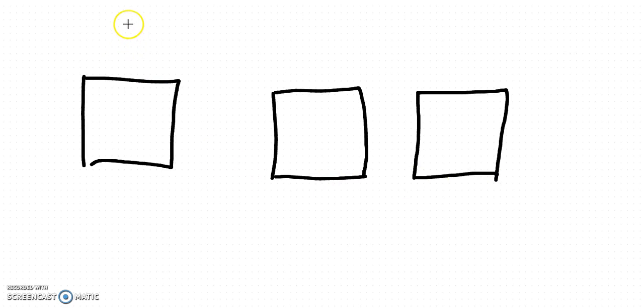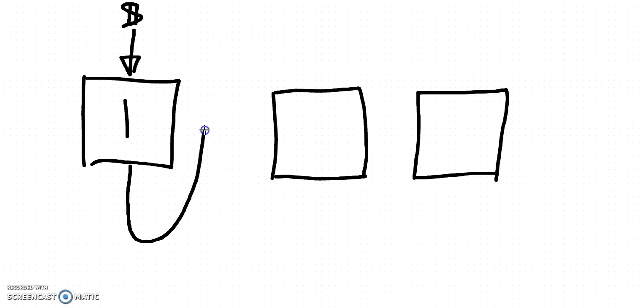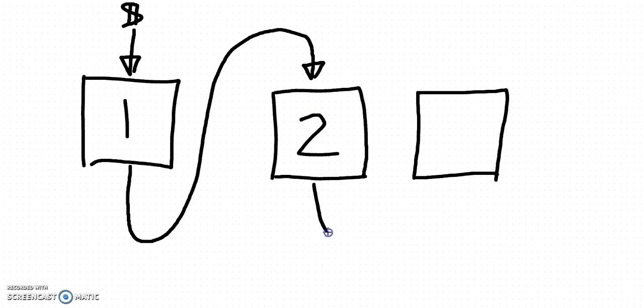In a perfect world, we'd have some initial money that comes in here, and this is number 1, and then as the money comes out, it is used to fund number 2, and then that money, as it comes out, will be used to fund number 3.